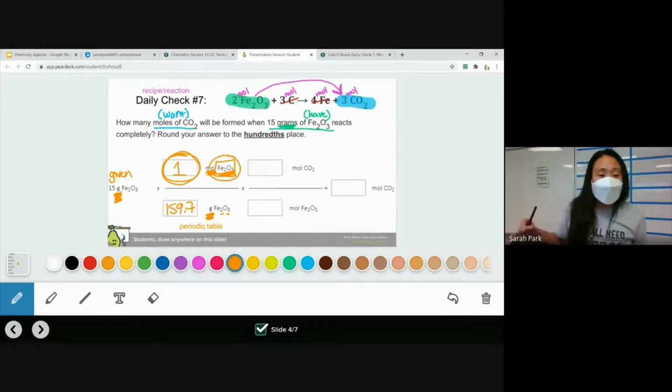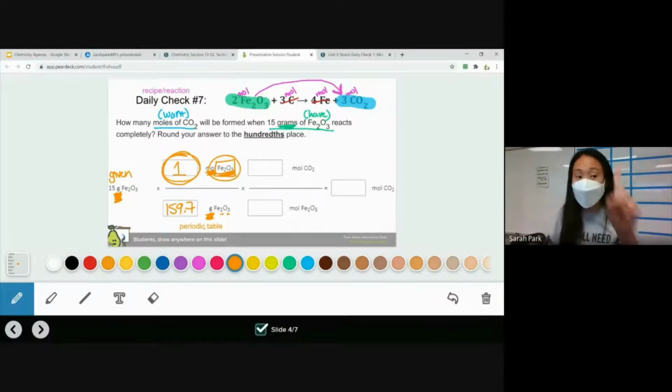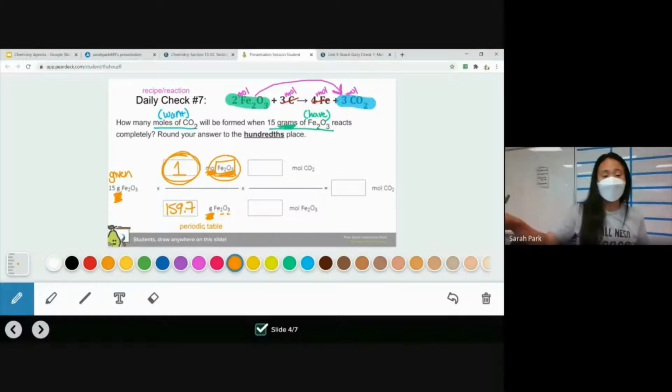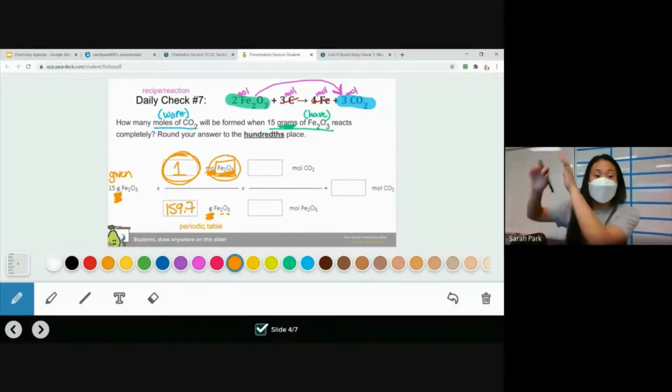The biggest mistake here is people want to put this number right here, a 2, but that is not what the fraction is saying. Only 1 compound weighs that much. You cannot look at the recipe until you're already in moles, but we're not in moles yet, which is why you're not looking at the recipe yet.